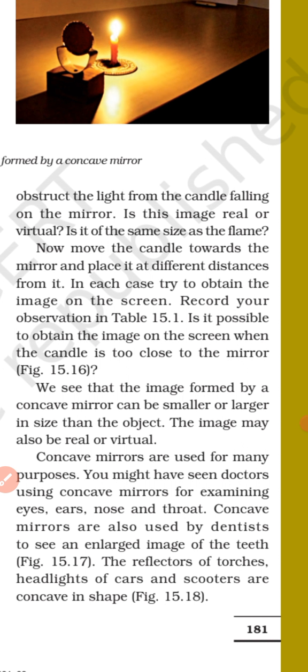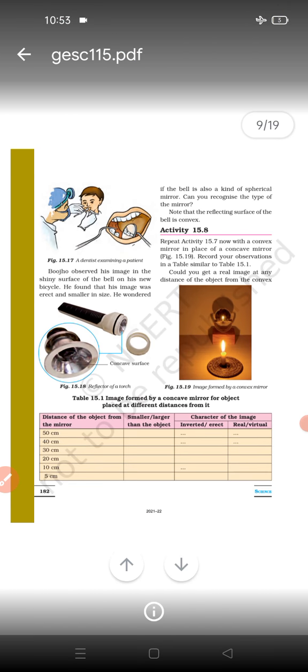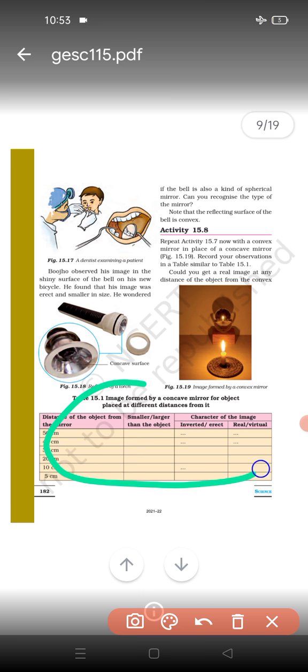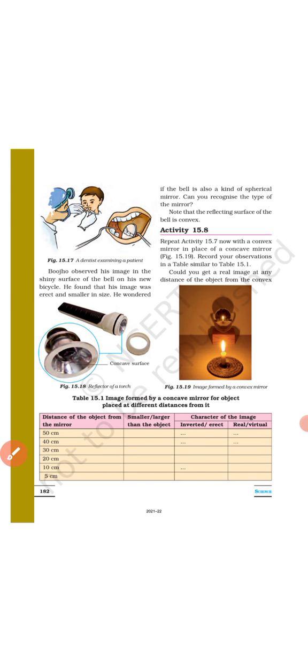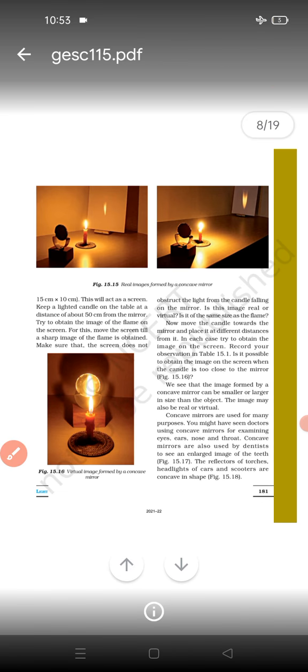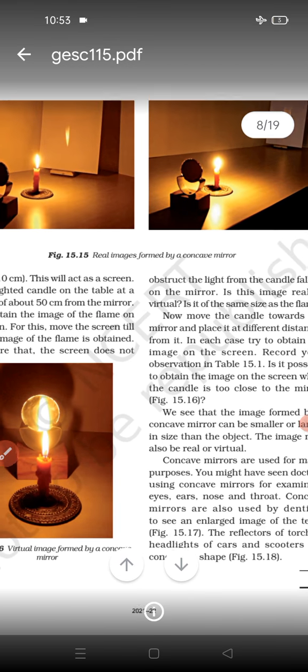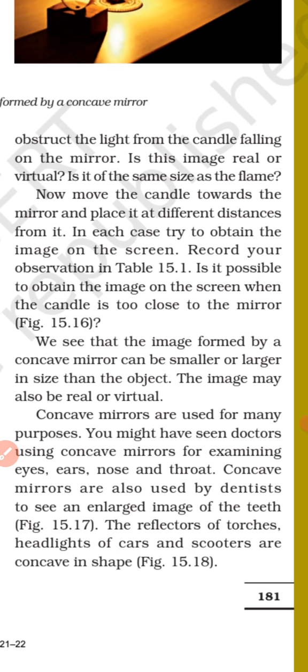Next one is by dentists. Concave mirrors are also used by dentists, basically, to see large images of the teeth of the patients. In the previous table you have seen that for most of the cases you got the image to be larger than the object, right? So dentists use concave mirrors to see the large images of the teeth of the patients.